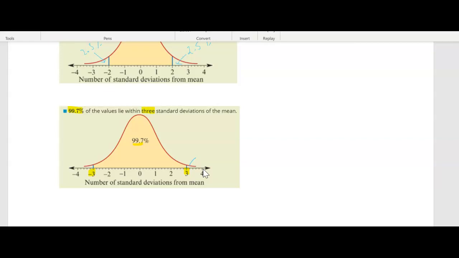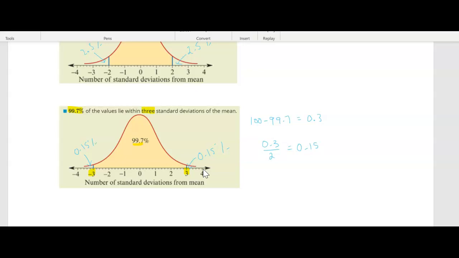Now, some students get these confused. So 100 take away 99.7 leaves you with 0.3. 0.3 divided by 2 is equal to 0.15. So this is 0.15%.